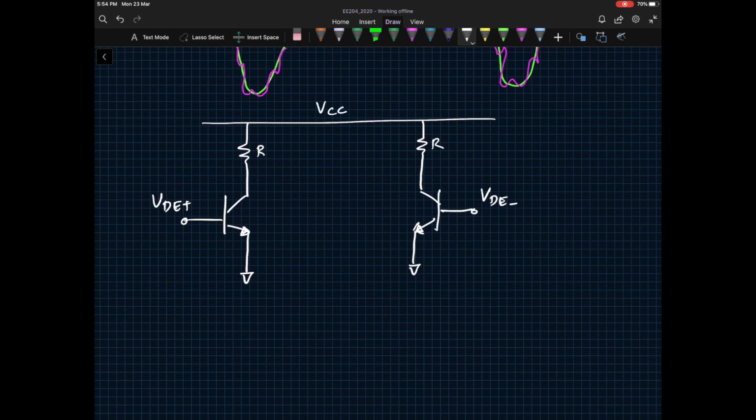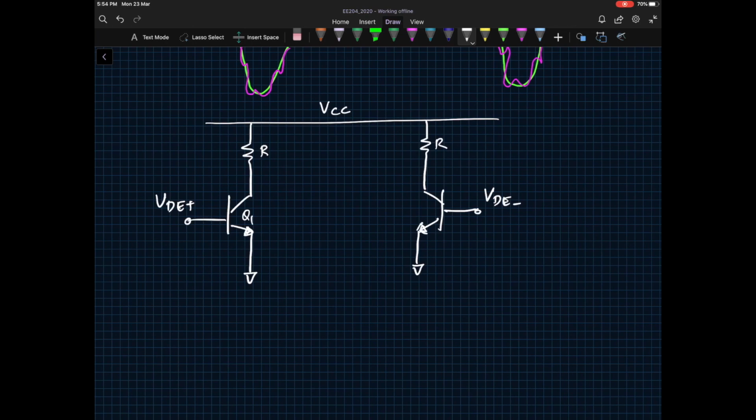What will happen is this common emitter amplifier will offer large gain to VDE plus and VDE minus. Here we have a waveform that looks like this, and here you have another waveform like this. When you amplify it, at this output on one side you will see a flipped waveform which would look like this, and here also you would see something like this.